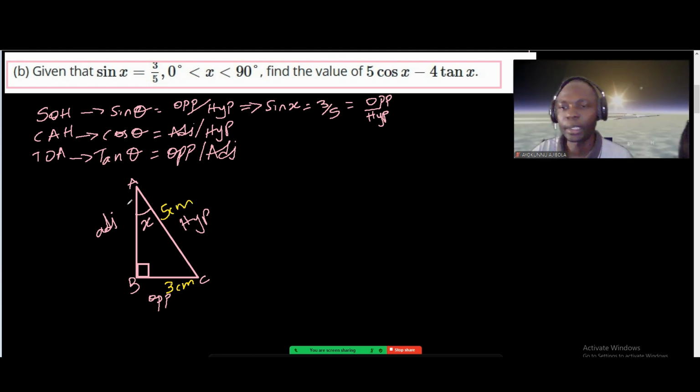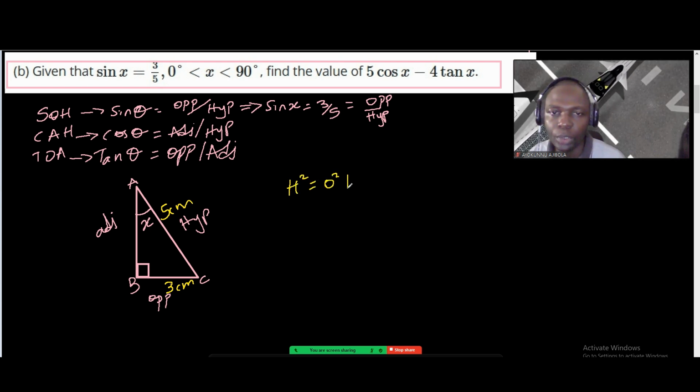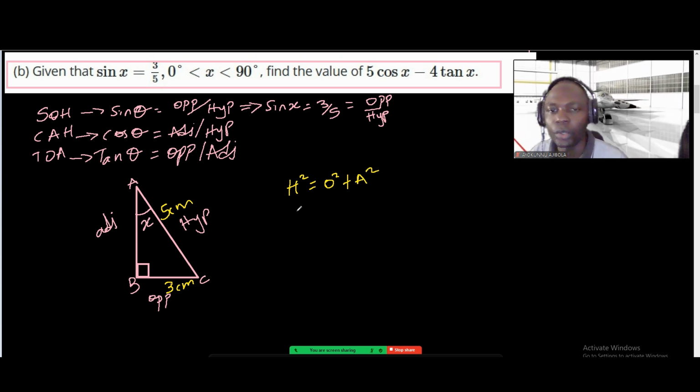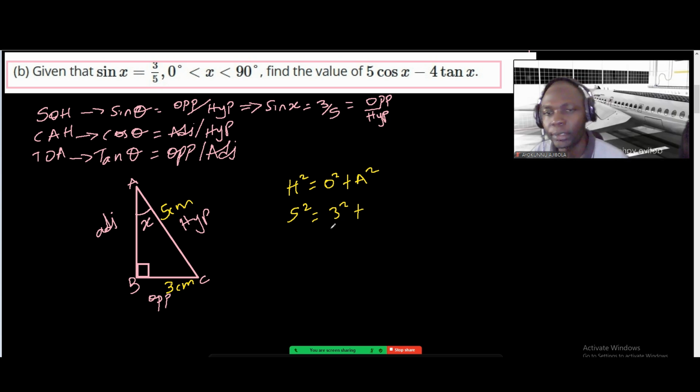So we're going to use Pythagoras theorem to get this. Pythagoras theorem states that hypotenuse square equals opposite square plus adjacent square. So that means 5 square equals 3 square plus the adjacent we don't know.